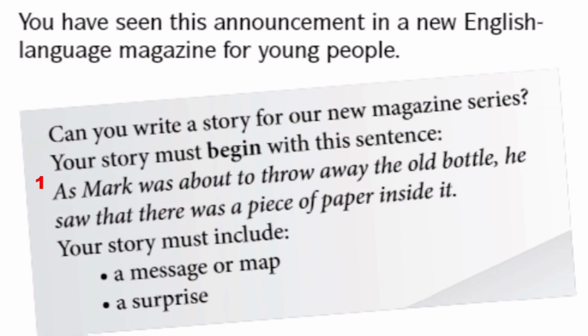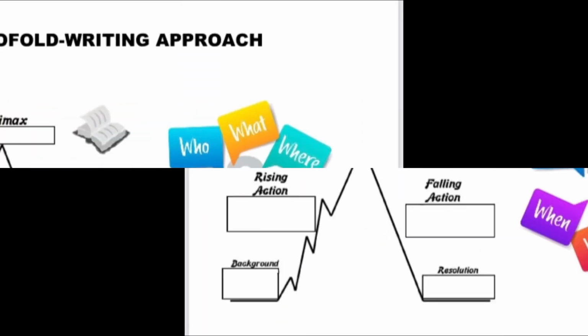Now this is the first task or requirement for your essay. You must include it. Your story must include a message or map. Now this is the second requirement of your task. A surprise. Now this is the third requirement of this question.